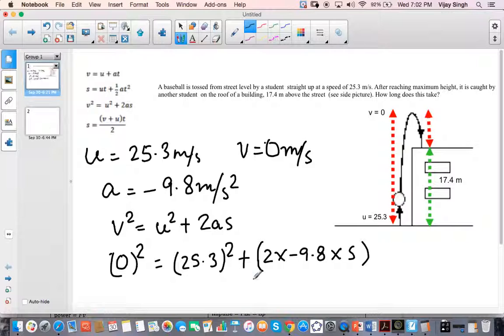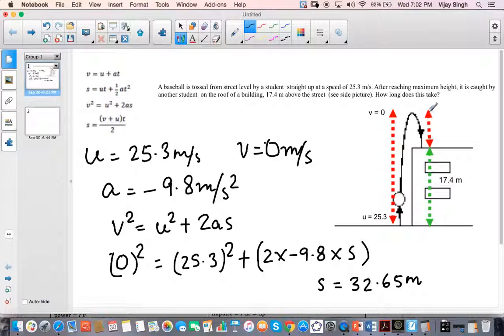When we solve this equation, we get s equals 32.65 meters. So from this point till this point we have 32.65 meters.